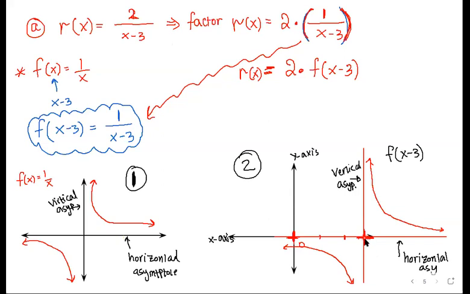This is my new point. And again, this is my vertical asymptote. This is my horizontal asymptote. The graph here will shift everything from this box to this box, from this quarter to this quarter, and again from this one to this one.